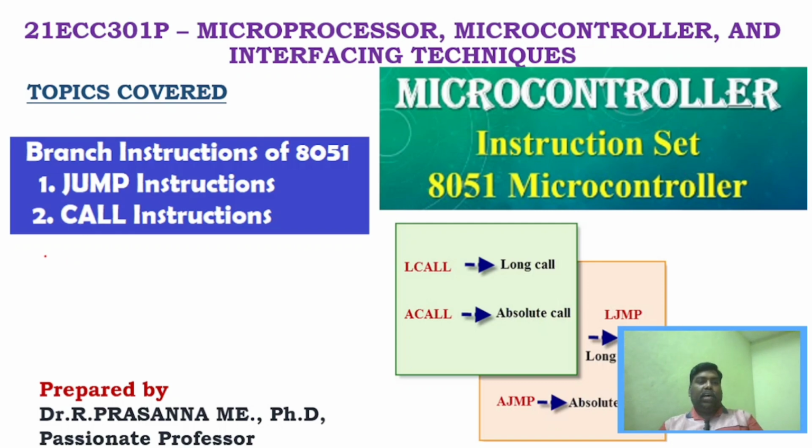The instructions are executed one by one, sequentially, and if there is a jump instruction here, it will jump from this address location to this address location, which means the program counter value will be changed permanently.